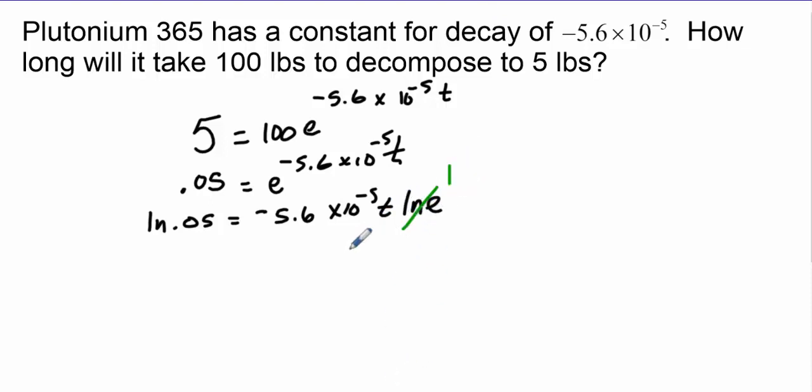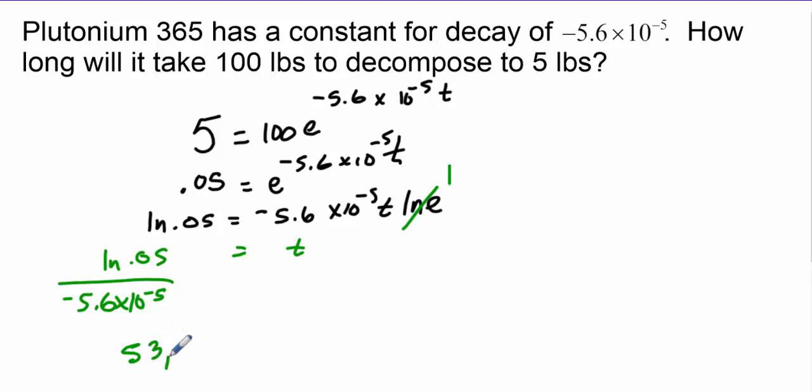Then all we have to do to get t by itself is divide: the natural log of 0.05 over negative 5.6 times 10 to the negative 5th. When we pop that into our calculator, we get quite a big number: 53,495.22. That's going to be years.